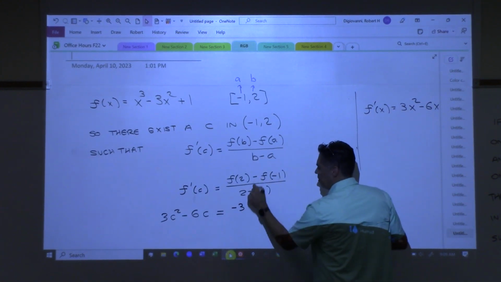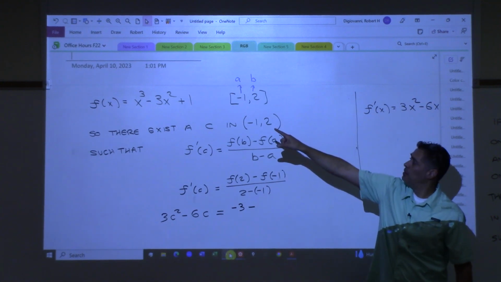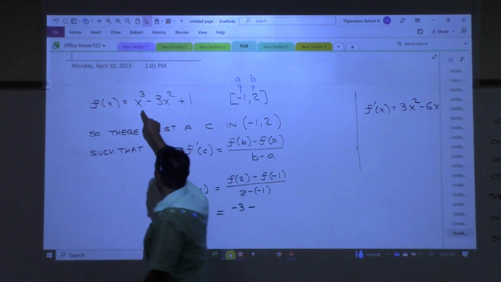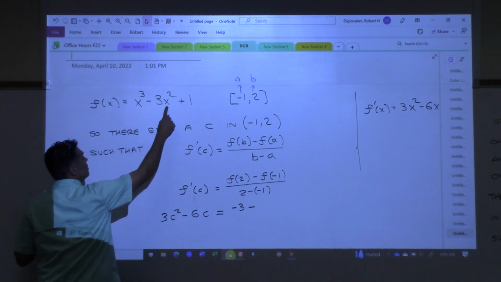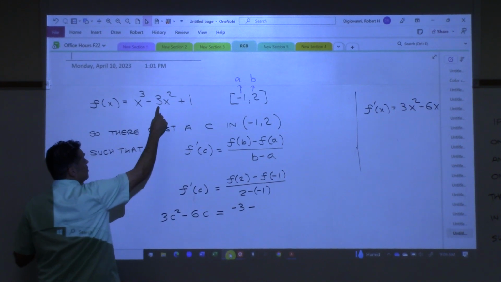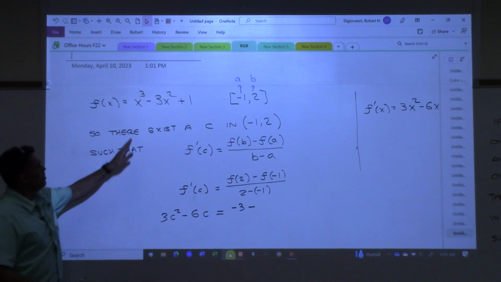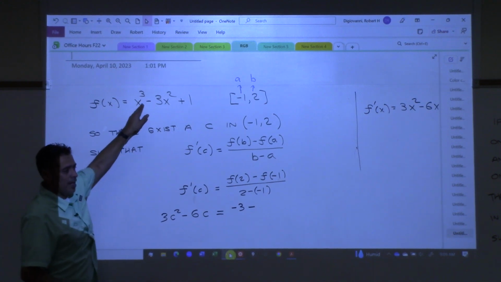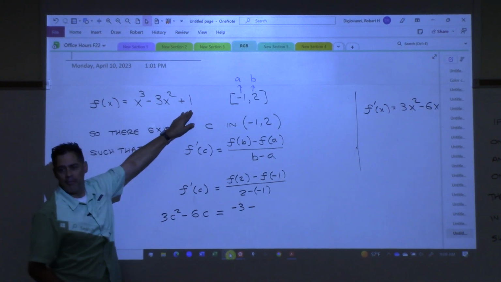Then I have minus. Now, what happens if you plug in negative 1 into that? So let's see. If I plug negative 1 in here, what do I get here? Negative 1. What about negative 1 here? This is positive 1 and then times 3, right, which would be 3, and then subtracting it. So negative 1, take away 3, negative 4, plus 1, negative 3.